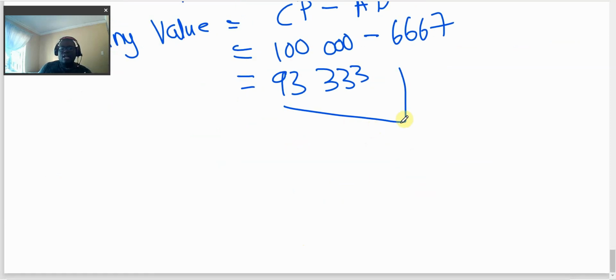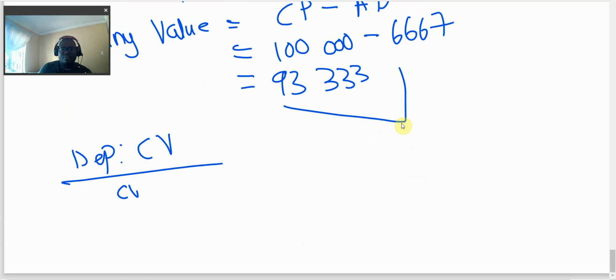So now depreciation in terms of the book value, carrying value, or diminishing balance method is calculated on the carrying value, and we know that the carrying value is equals to 93,333, right?